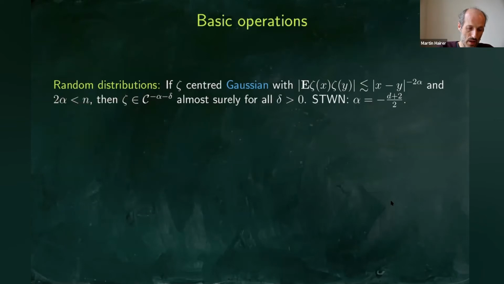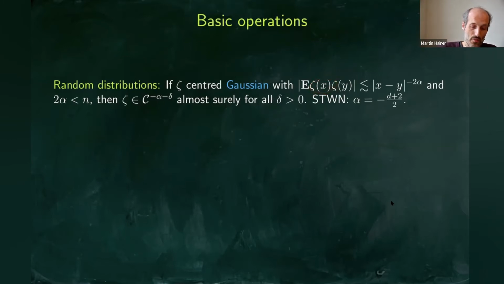And so what I mean is, well, take the following example. So if zeta is centered Gaussian and the covariance sort of behaves like this, right? And of course, this doesn't quite have a meaning because you can't evaluate zeta here at a point x.